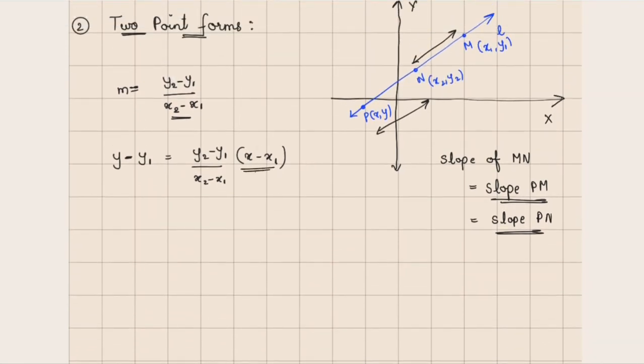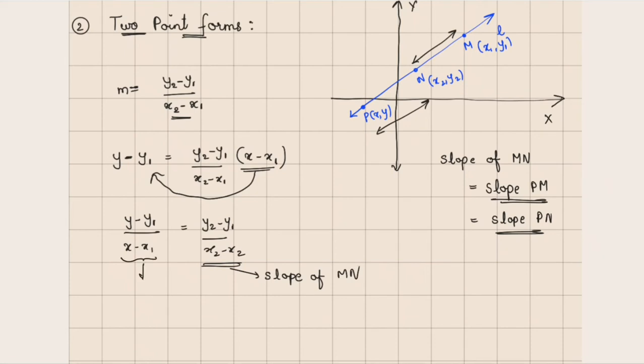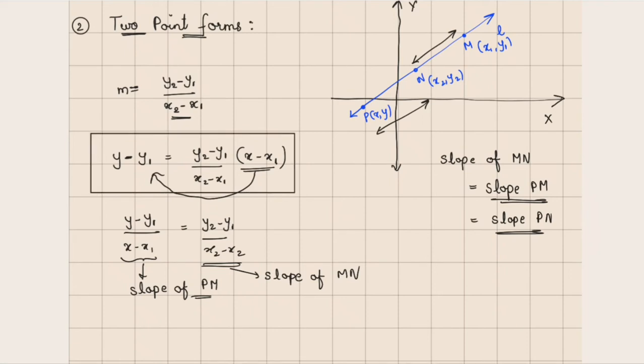If you take x minus x1 to this side, then we get y minus y1 by x minus x1, which is equal to y2 minus y1 by x2 minus x1. This is nothing but slope of MN, and this is slope of PM. See, these both are the same. So this is the equation when 2 points of a line are given.